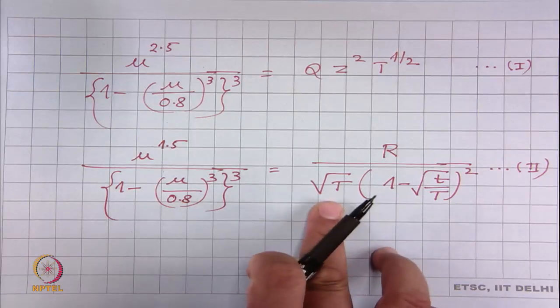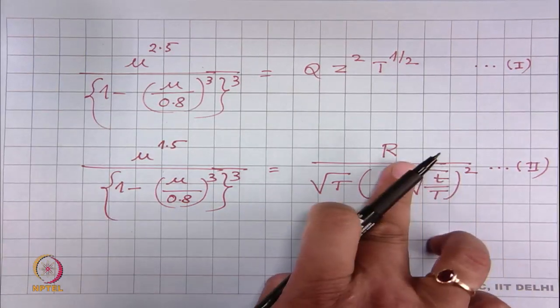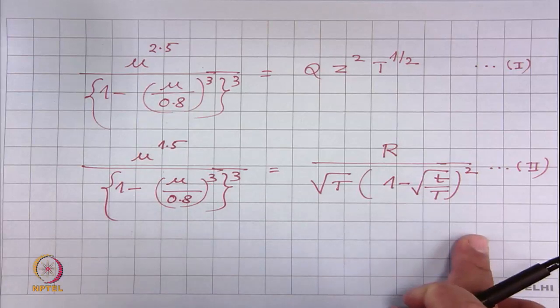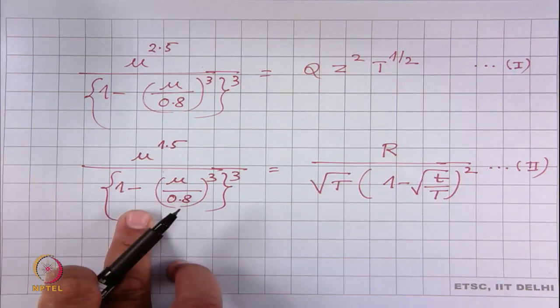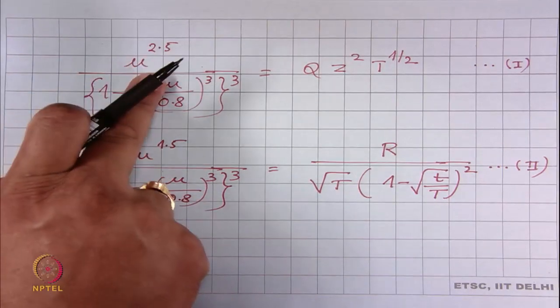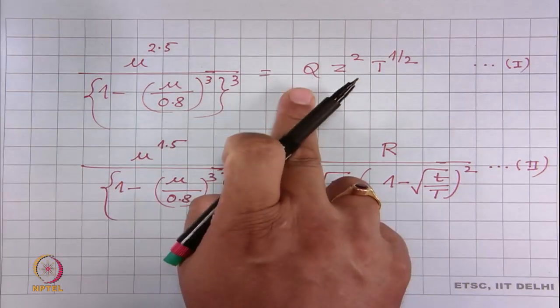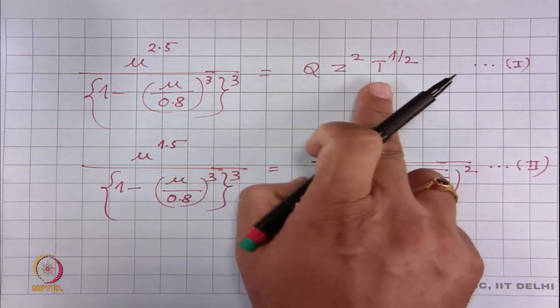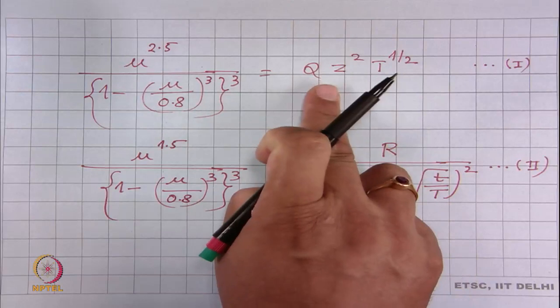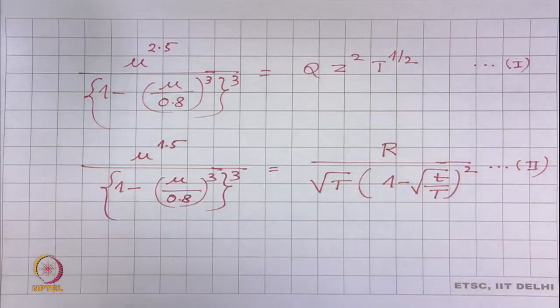Generally capital T is given, small t is given, r is also given. So, we will be able to find this value. We will solve this and we will find mu. That value of mu we will substitute here, and we will find this expression. Q is generally known from the table, T is already given. So, we will find Z. So, we will find a suitable yarn twist.